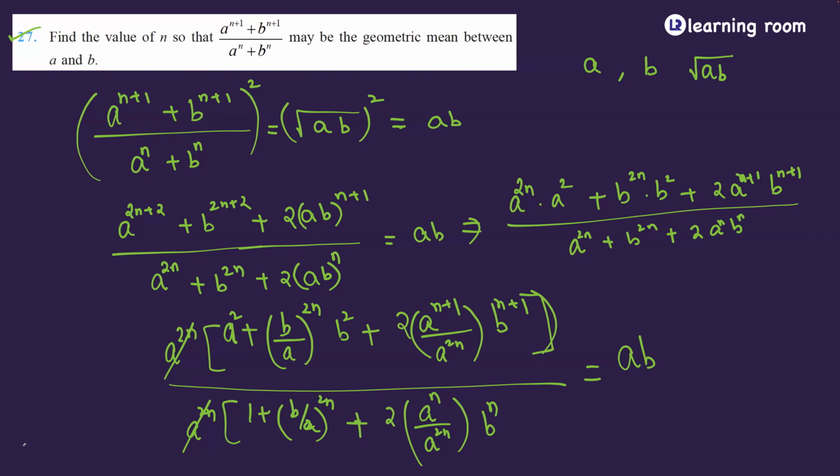So what are you getting? Can you tell me in the next page? Tell me. A square. On the left hand side, what do you have?